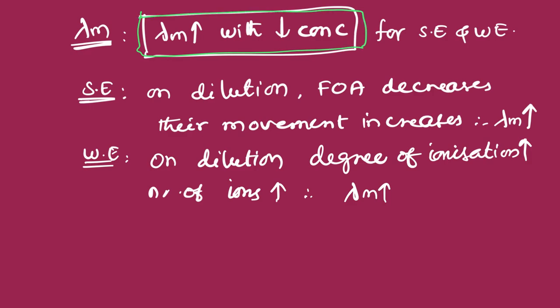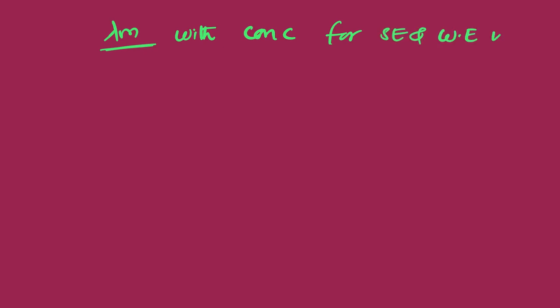On dilution means decrease in concentration. This is represented as the variation of lambda m with concentration. For strong electrolyte and weak electrolyte it is different. Both increase, but differently.